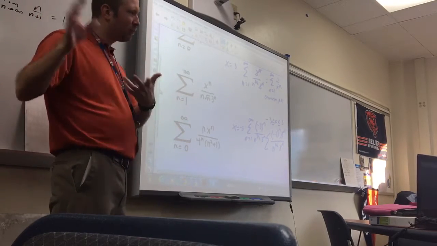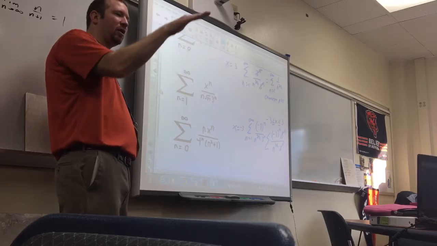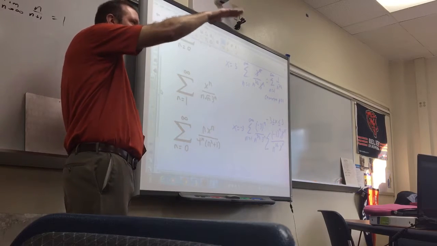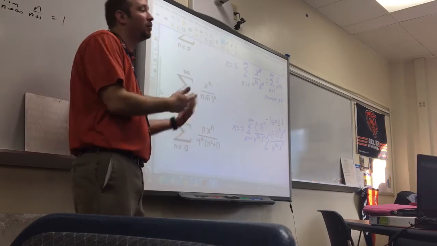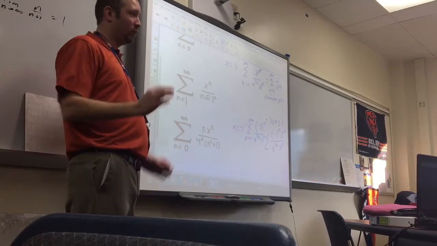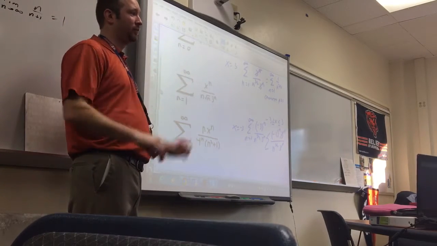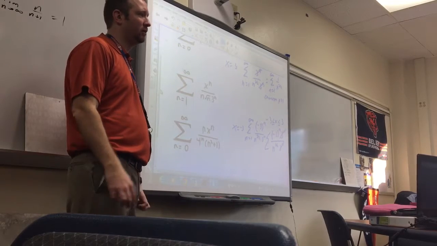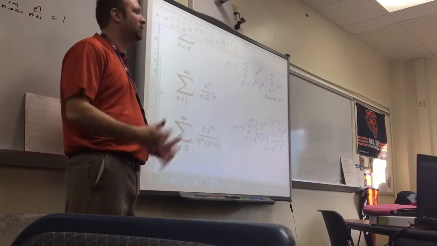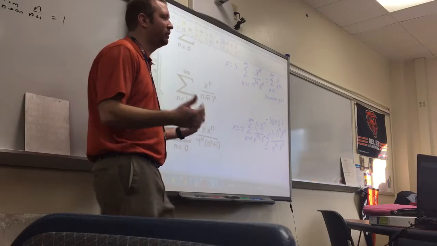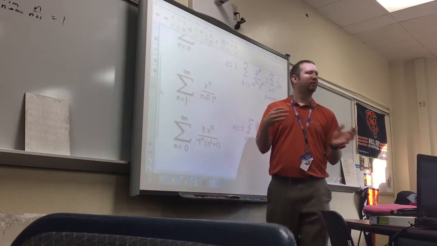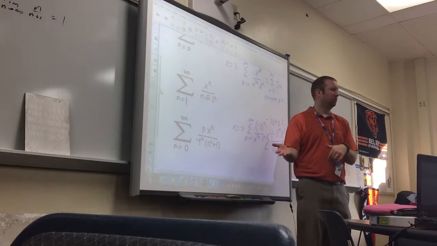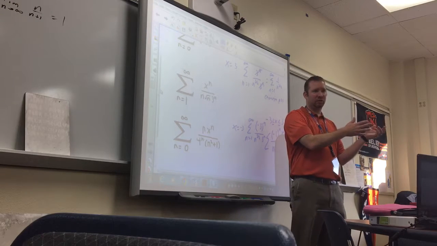If every single number is positive and I add them up, the series just gets larger and larger. The sum of the series gets bigger and bigger. But if that sums to a finite number, then when the terms alternate in sign, that also has to sum to a finite number. Has to. There's no possible way for it not. Okay? So if the series converges absolutely, then that series must converge.